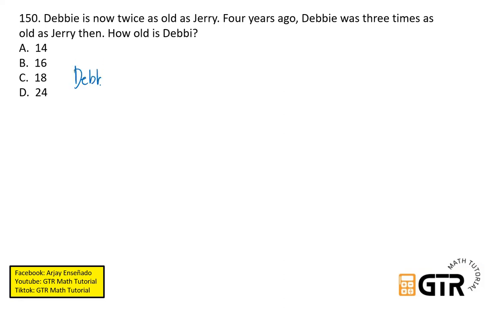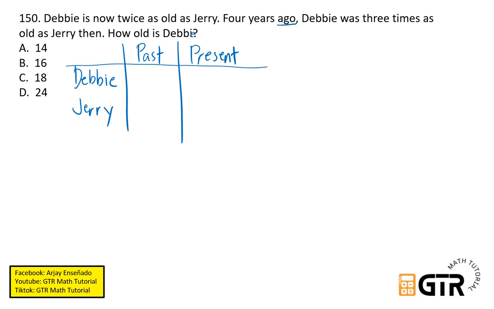So Debbie and then we have Jerry. So ang kailangan natin ay past at present dahil may years ago dyan. Past and present. Okay, so lagyan na natin ng label yan. Debbie is now twice as old as Jerry.